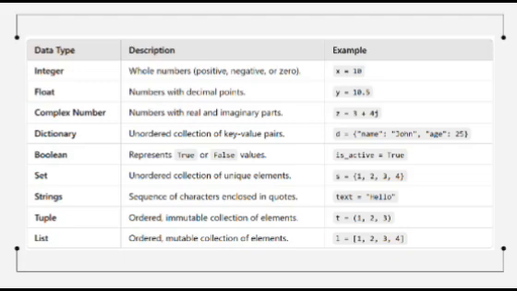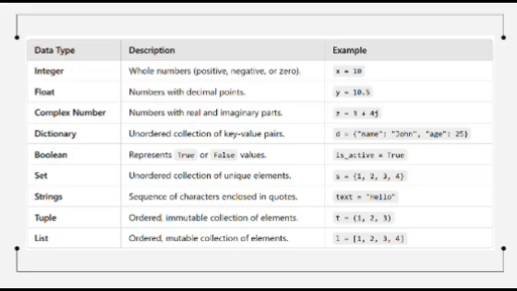One is related to 2, like d equal to 1 comma 2, but they are not ordered pairs. Boolean represents true or false. We will see in DLD that boolean expressions will be 0 or 1. So here also true or false. Is active equal to true, is dull equal to false.